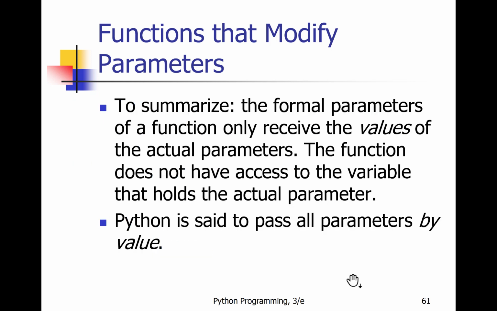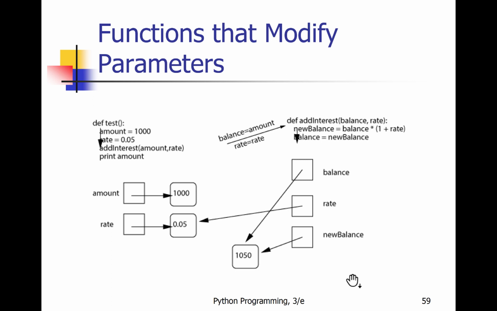So to summarize, the formal parameters of a function only receive the values of the actual parameters. The function does not have access to the variable that holds the reference to the value of the actual parameter. Python is said to pass all parameters by value. This behavior turns out to be what happens when you appear to change the value of immutable objects, you get new objects.